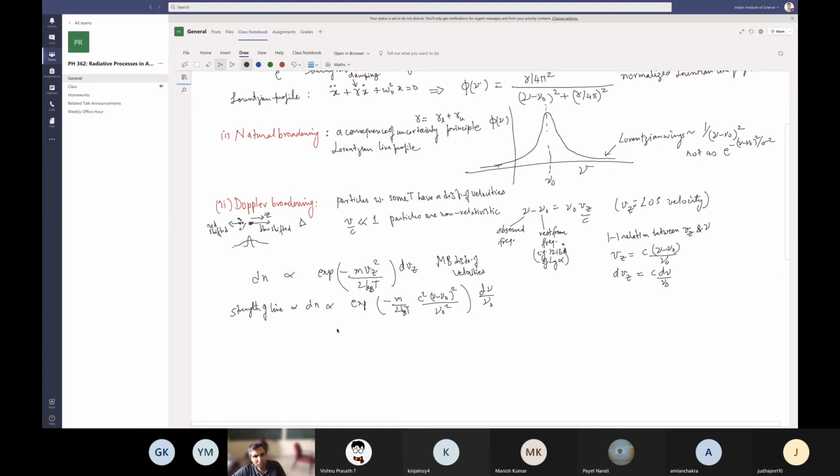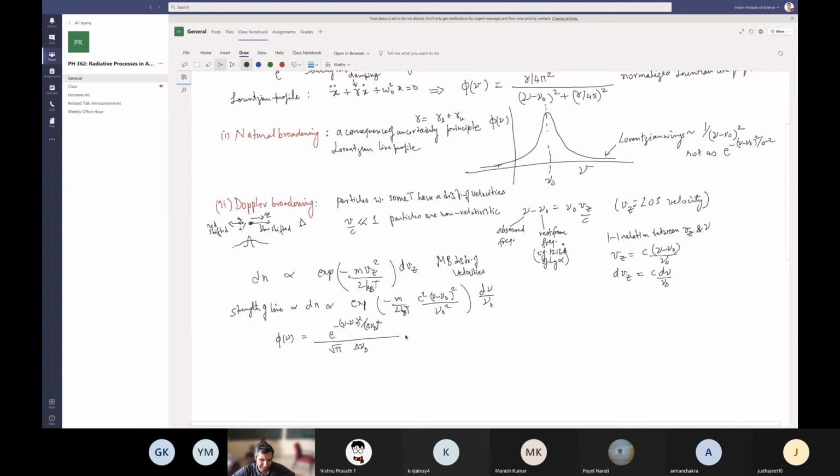Okay, so this is how the strength of the line depends on frequency. So we can write this as a line profile phi nu, which can be normalized, so it is equal to e to the minus nu minus nu naught, whole squared by delta nu D whole squared, divided by square root of pi delta nu D.